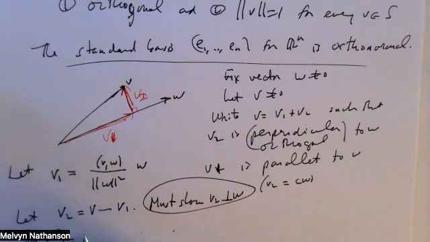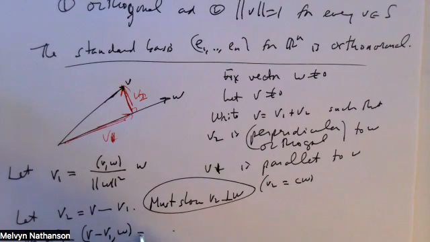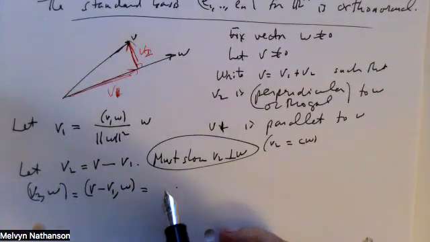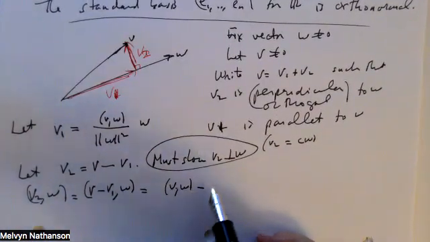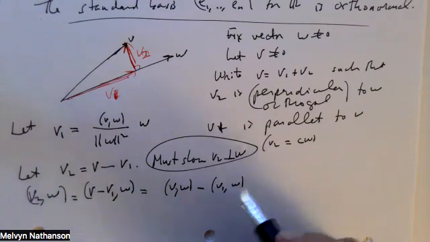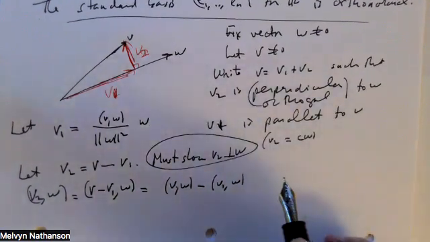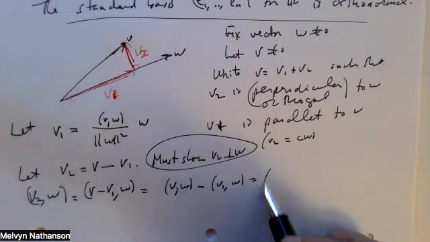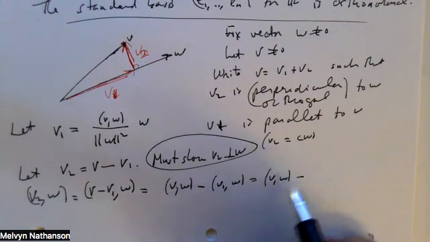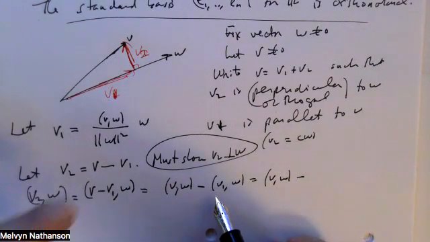So V2 is V minus V1, inner product with W. That's the inner product of V and W minus the inner product of V1 and W. That's the inner product of V and W minus, and what is V1?